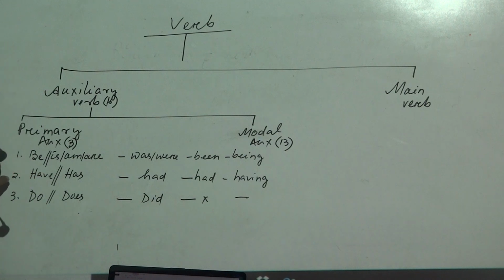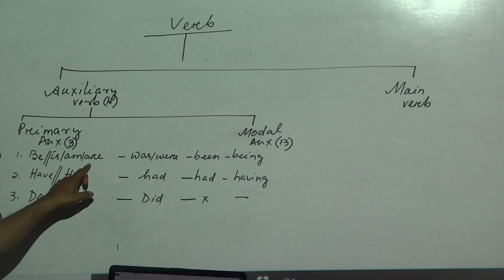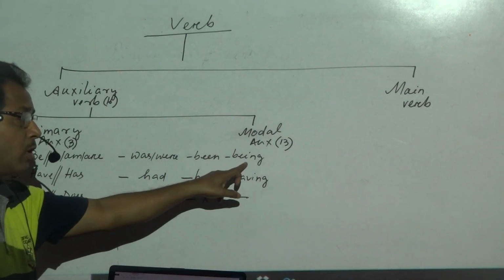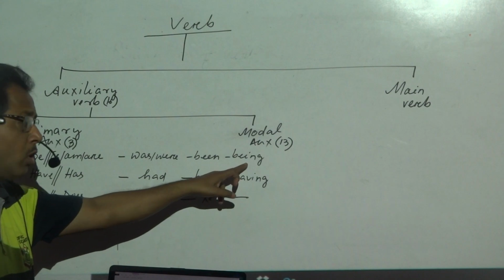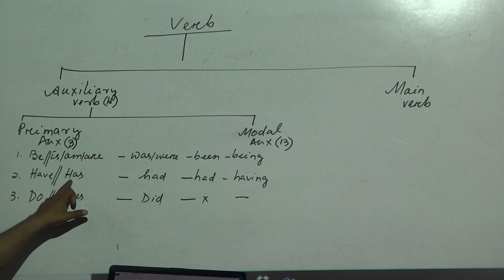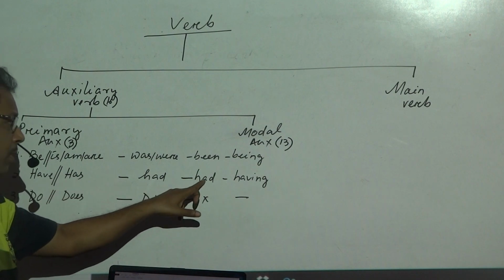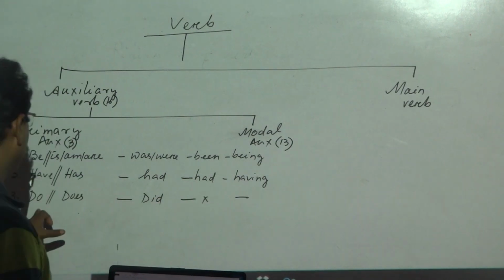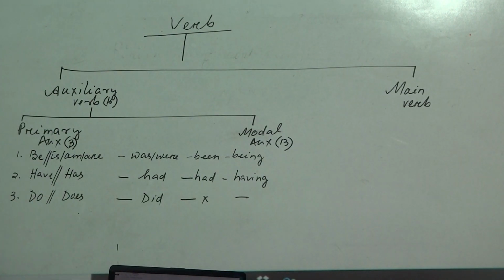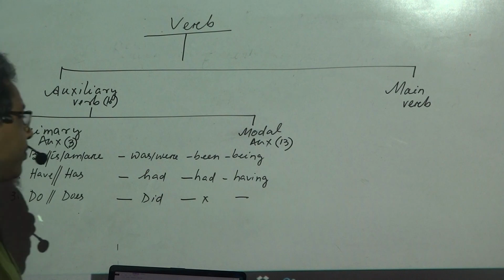First one is be: is, am, are, second form was, were, third form been, fourth form being. You may call it V1, V2, V3, V4. Have, has, second had, third form had, fourth having. Do, does, did; third and fourth as auxiliary we don't have a necessity.